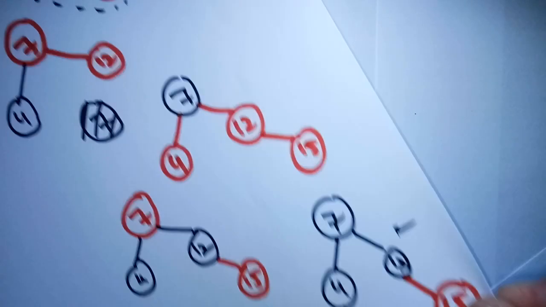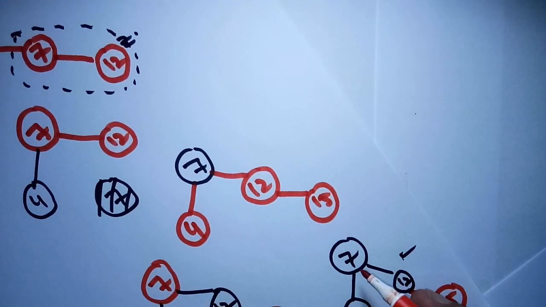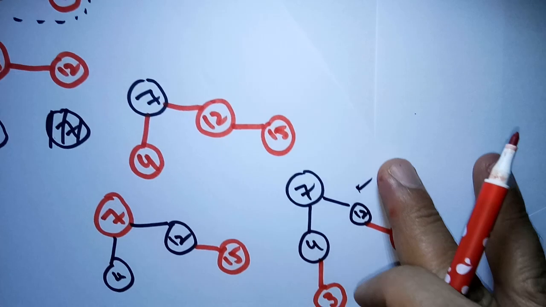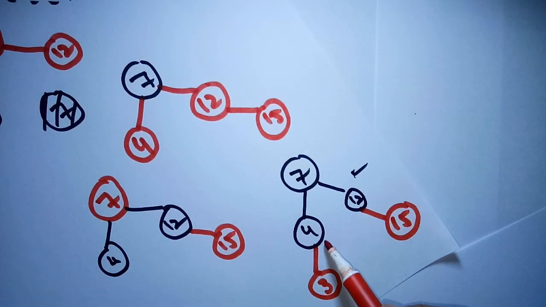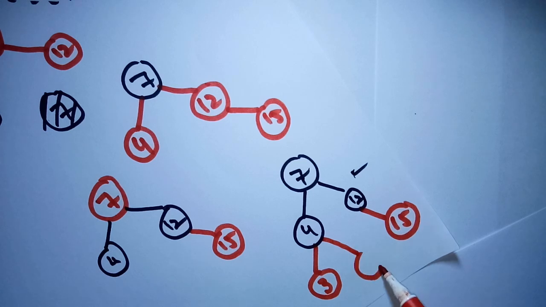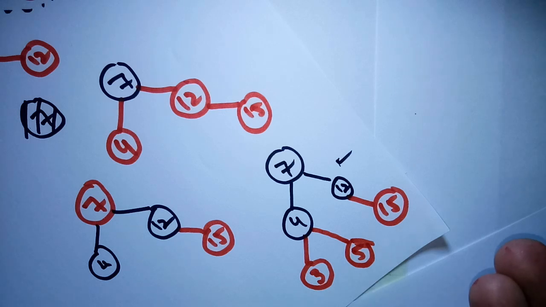The next node that we want to insert is 5. So 5 will go in the left of 7, in the right of 4. So 5 will go here. Let's check now the properties. It still follows the red black tree properties, so no violation, it's fine.